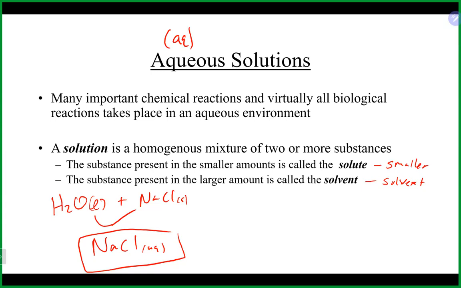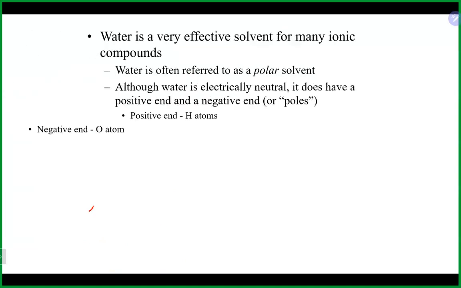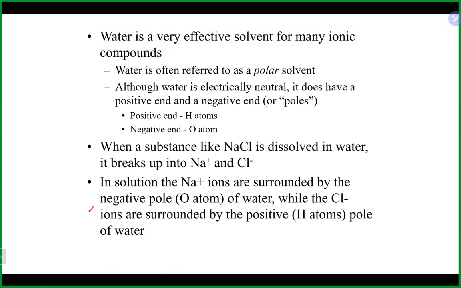Like when you took something like, I think, the iodine, and you tried to put deionized water on it, and maybe you saw the iodine didn't dissolve. It's not a great solvent for nonpolar things, but water works really well for ionic things and also things that are polar. The reason it works really well for those two things is because water is a polar molecule.